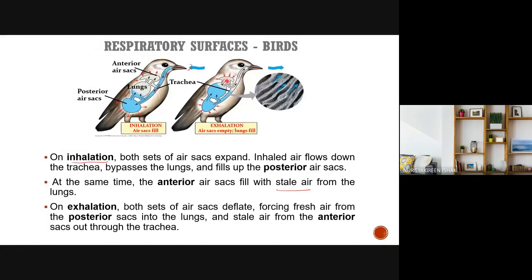The used air or the stale air from the anterior will move out through the trachea and out into the atmosphere. So that is one flow, one way, unidirectional flow of air during inhalation and also exhalation for birds.